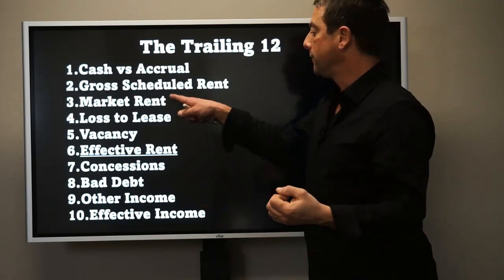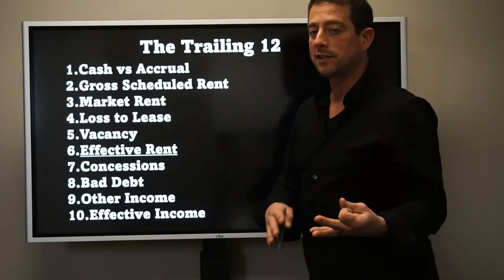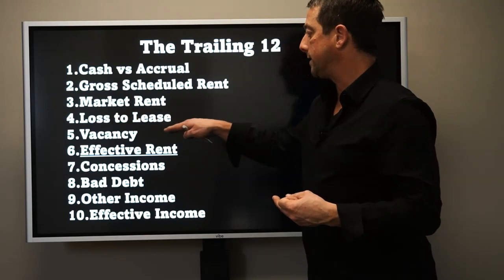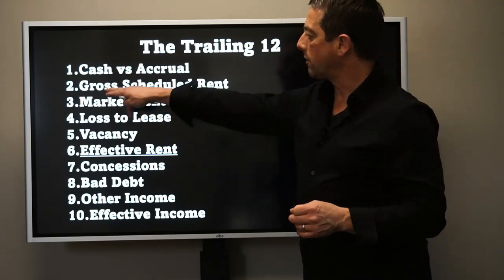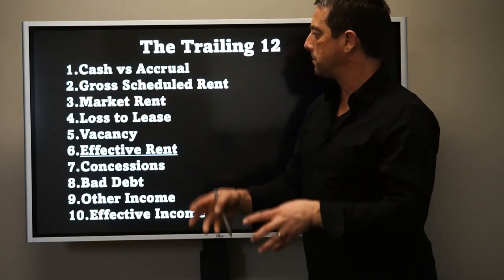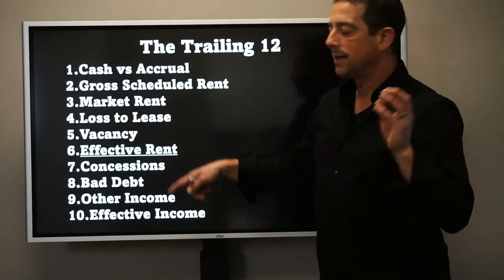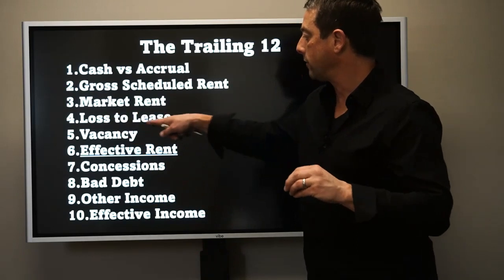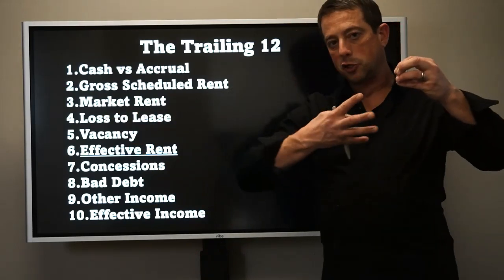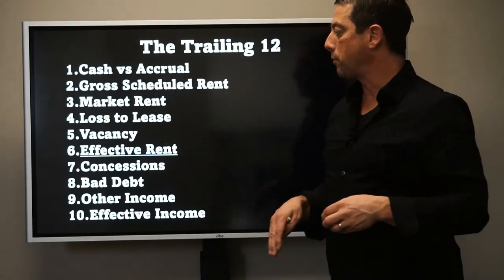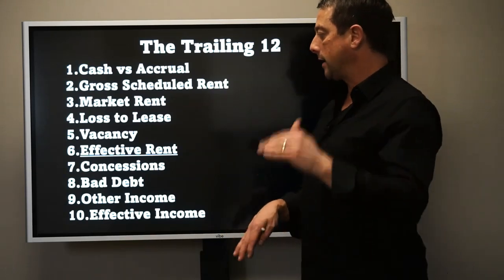If we started off with our books 100% occupied 100% of the year at market rent, we now add the negative category of loss to lease, which subtracts that market rent problem. Great, now we've taken care of that.